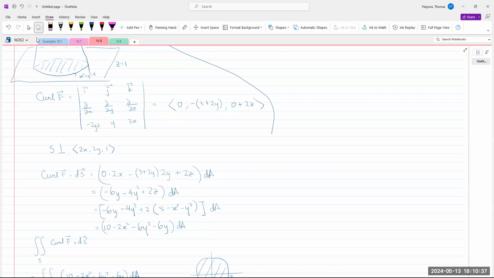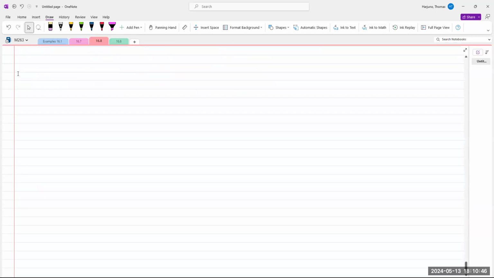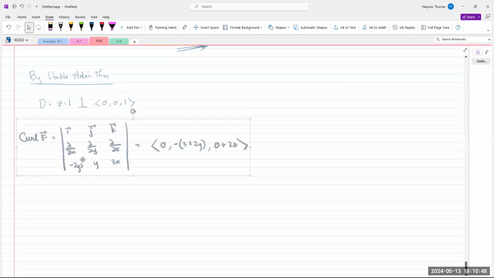Let me lock that. The curl of F is this, right? But for z equals 1, we get 0, negative 3 minus 2y, 2. Don't you think it's so nice?